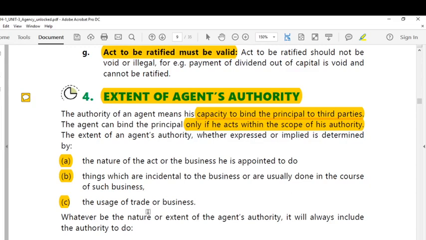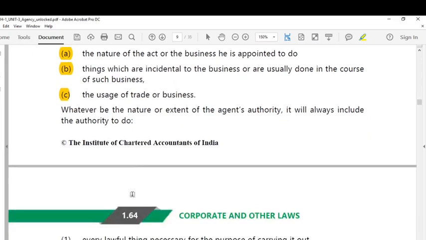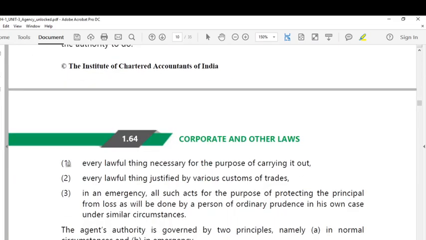Whatever the nature or the extent of the agent's authority, it will always include the authority to do every lawful thing necessary for the purpose of carrying it out, and that will bind the principal. Every lawful thing justified by the customs of trade will also bind the principal.